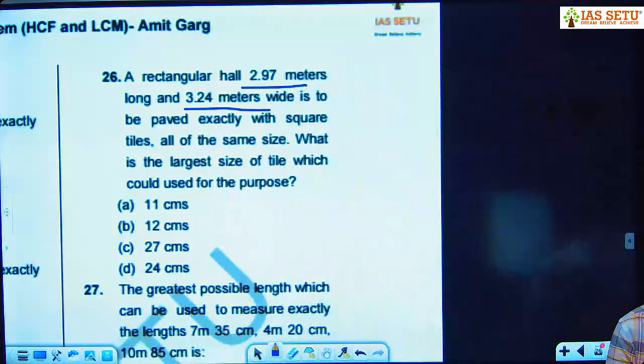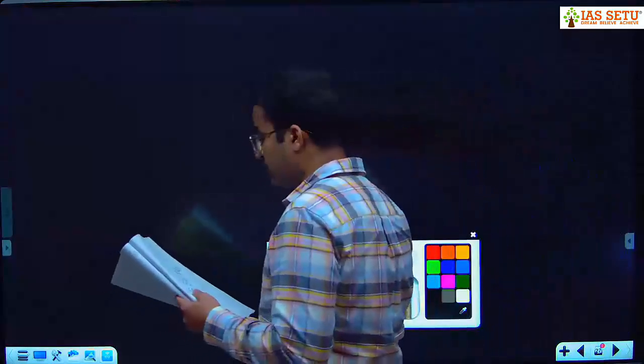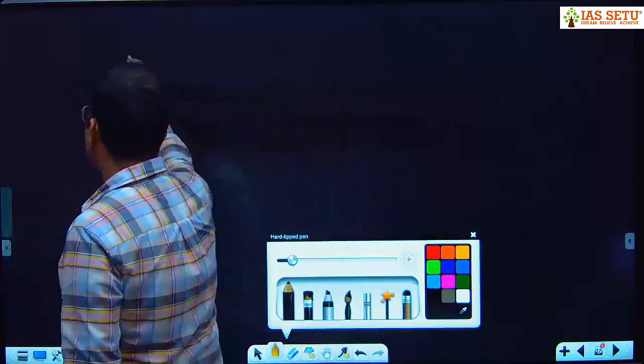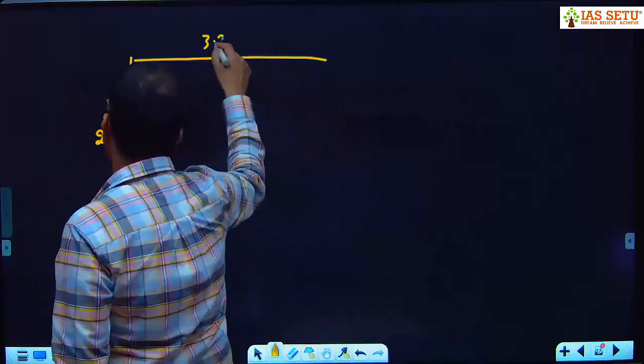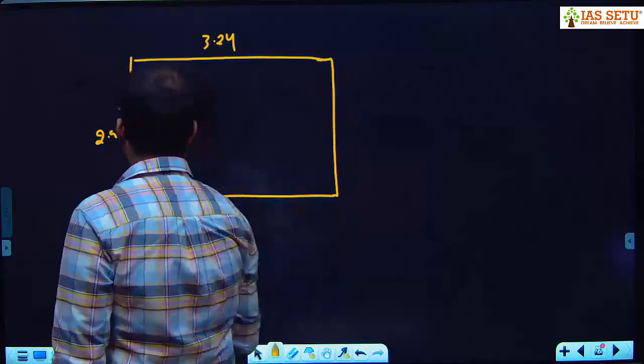What is the largest size of the tile which could be used for the purpose? तो जो टाइल का साइज है वो क्या होगा? So you see here, this is a rectangular hall which is 2.97 meter long and 3.24 meter wide.